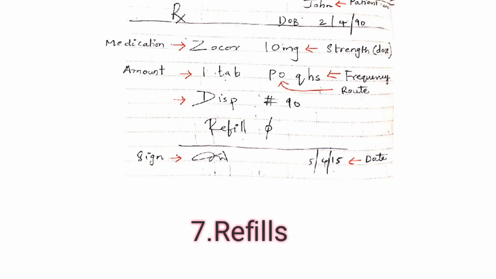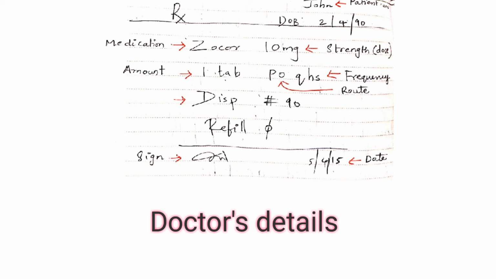Next thing is refills: how many times the patient can use the same exact prescription, which in this case is 0. Most likely your doctor will check your blood cholesterol and then decide on the medication. At last, there will be the signature of the physician and the date.